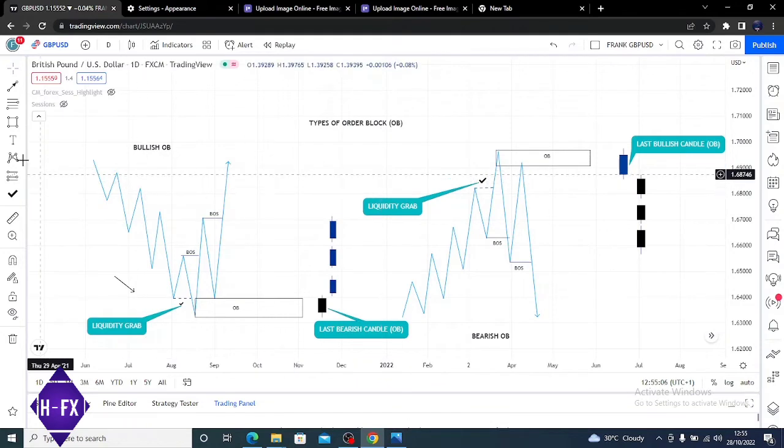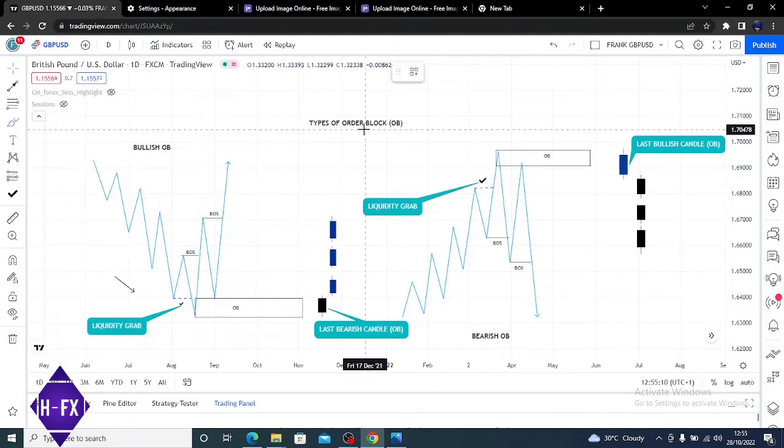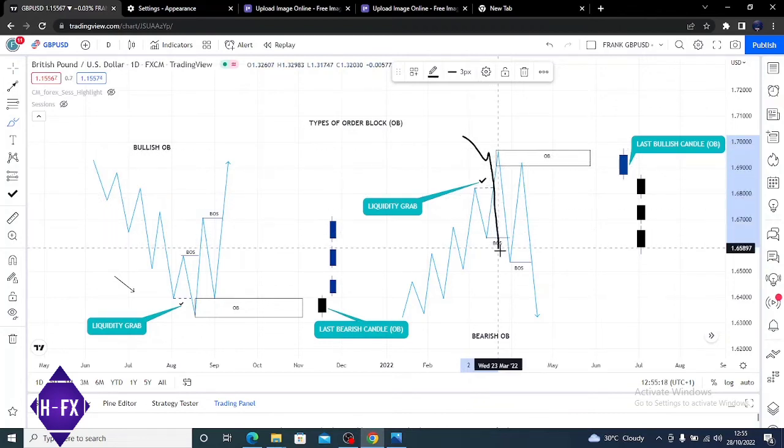I think I should use my brush here. They open a buy position here. When they open a buy position, people are happy, they're in profit, and all of a sudden they bring the market down to stop them out. When they stop them out, they already have an open position that is on loss.